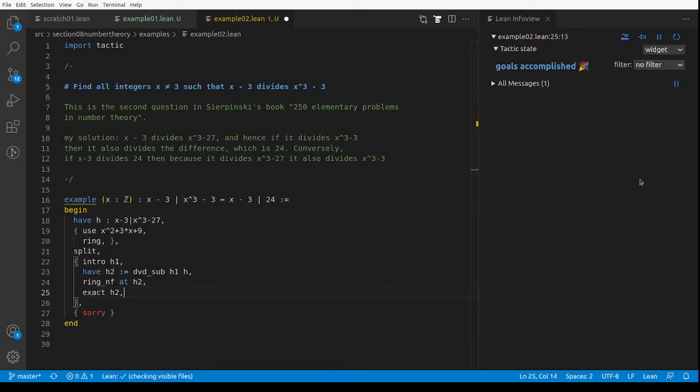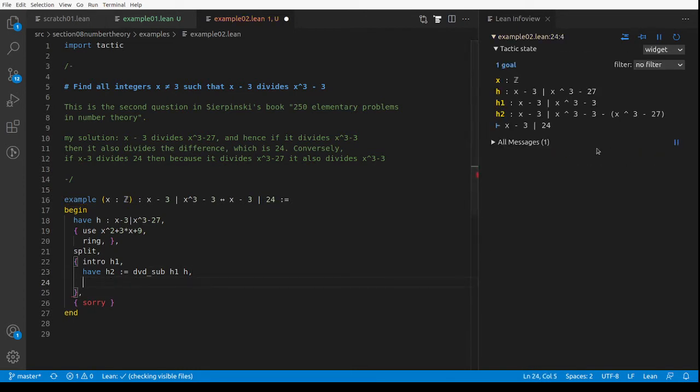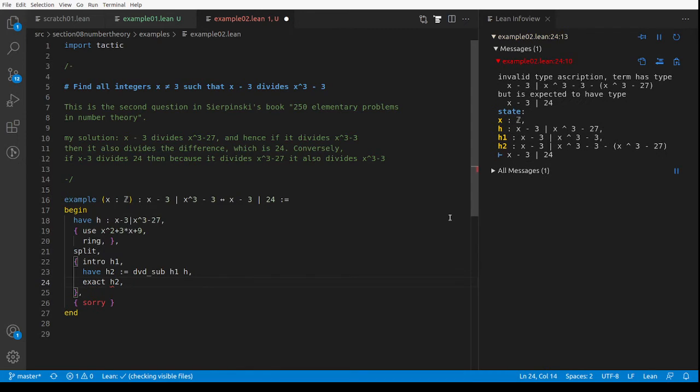That would be one way of doing it. Or alternatively, we could use the convert tactic, because h2 is the right answer, a proof of this theorem, except it's not quite. I'd like to put exact h2, but Lean's like, well, no, this isn't definitionally equal to 24, right?